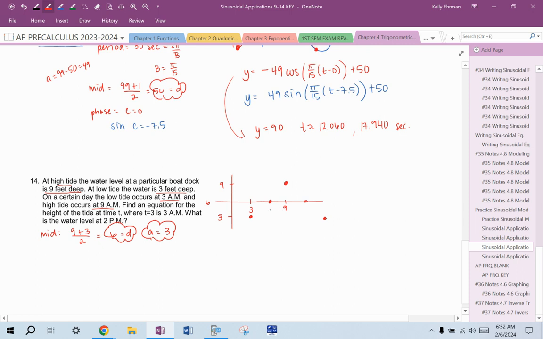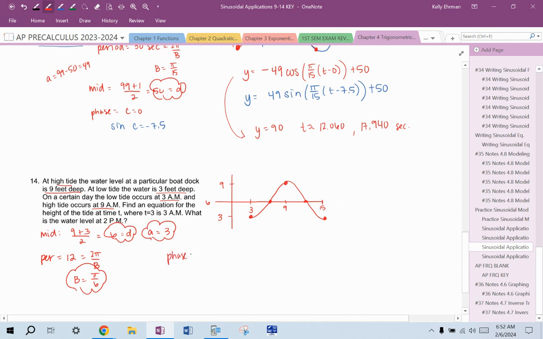So there's 6 hours between here. Means there's another 6 to finish the day. So that means that the period is 12. And setting that equal to 2 pi over b, that makes b pi over 6. This cosine curve has been shifted.